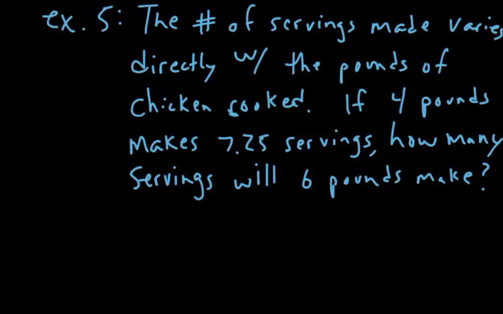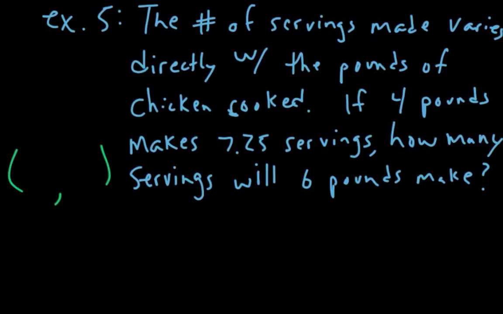When you get a big story problem like this, what might save you a lot of time and headache is to take and try to change it into a couple of points. And we have a pair of numbers. We have our 4 pounds and our 7.25 servings, yes? Which one of those is the x, the independent, and which one of those is the y, the dependent? So does the 4 pounds depend on the 7.25 servings, or does the 7.25 depend on the 4?